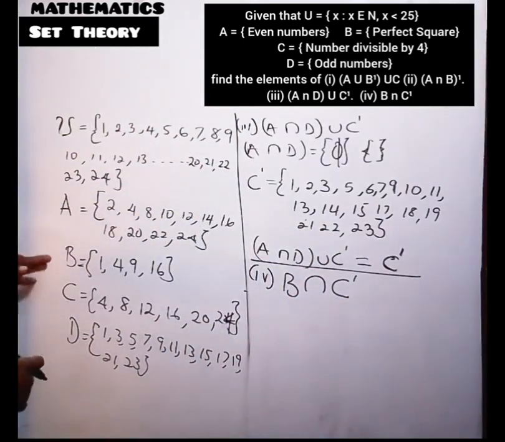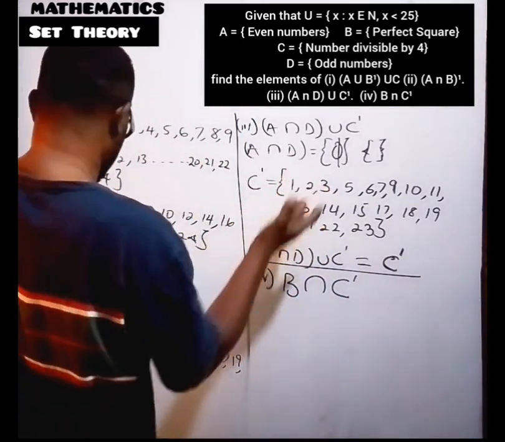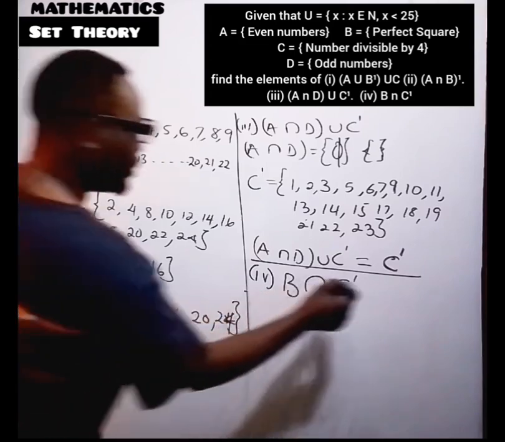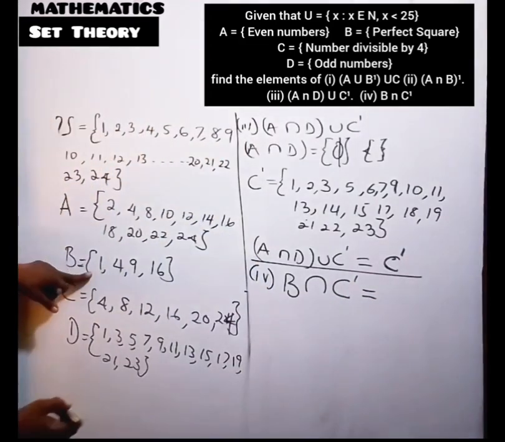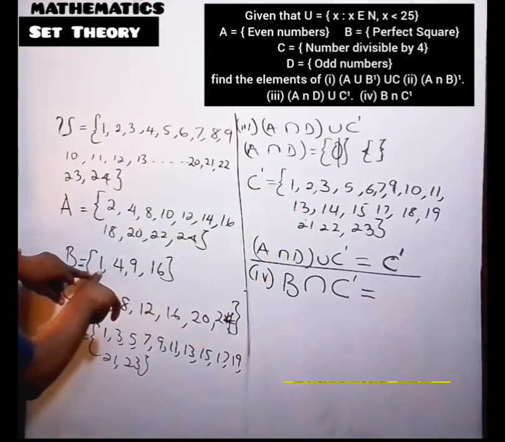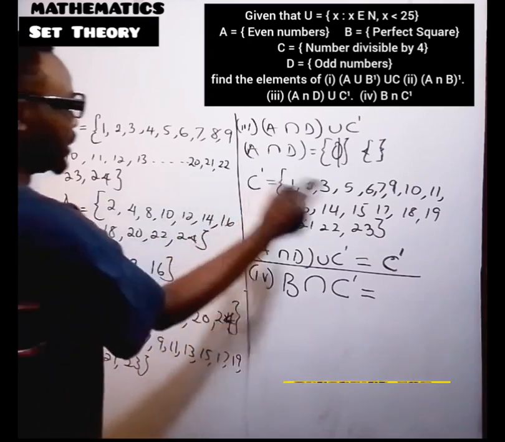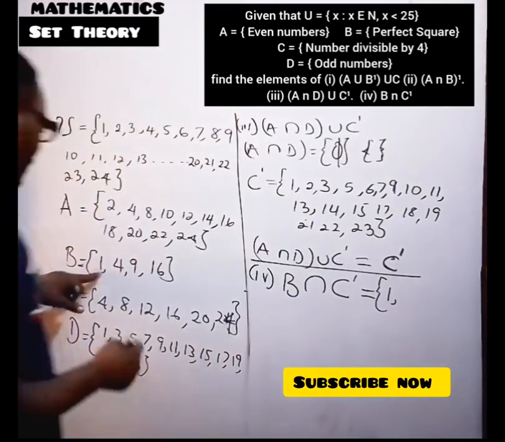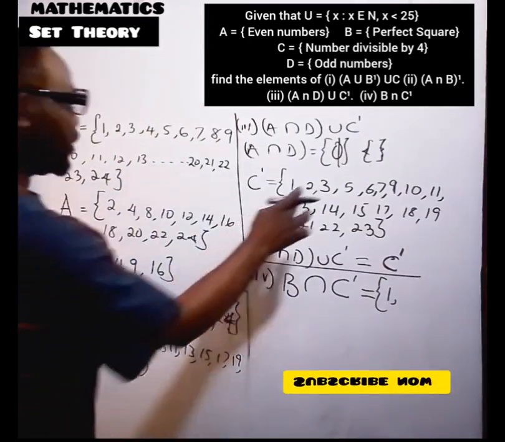Now let's look at it. Thank God we have the value of C complement here already. B intersection C complement. This is our B, and this is C complement. The first value, 1, is here, 1 is here. 4 is here. Do you have 4 here?